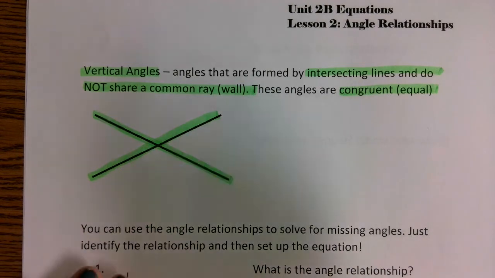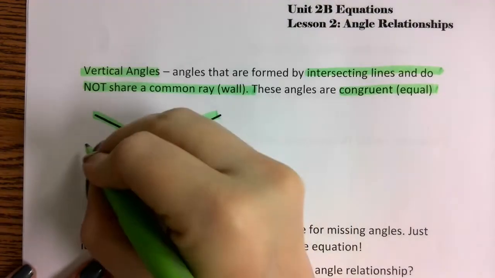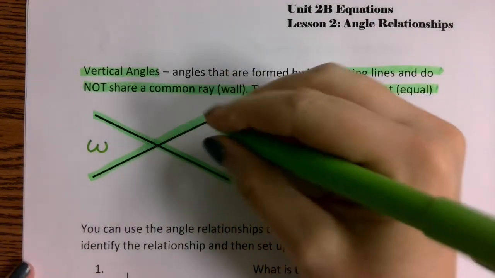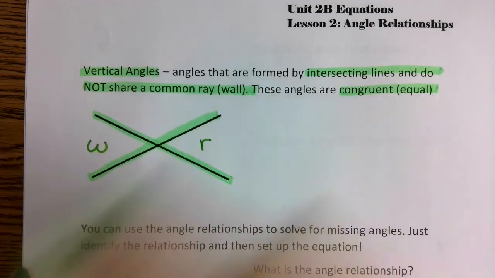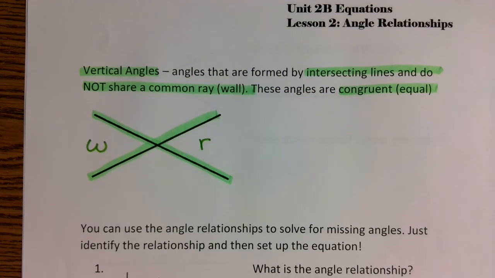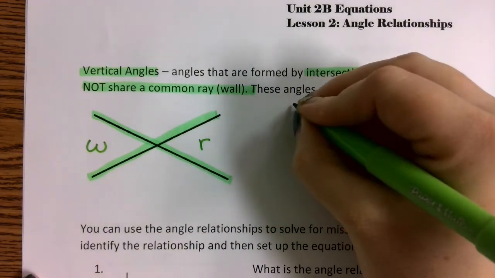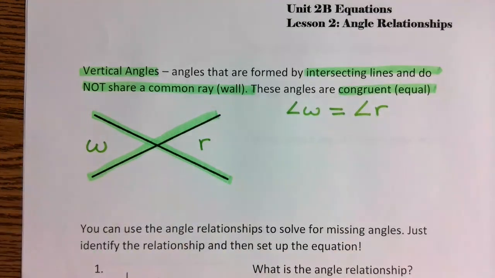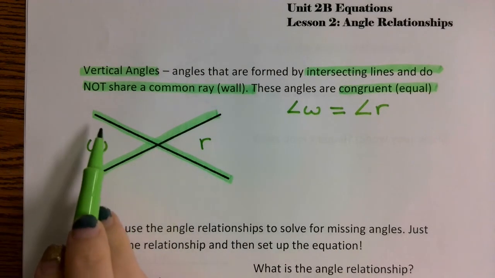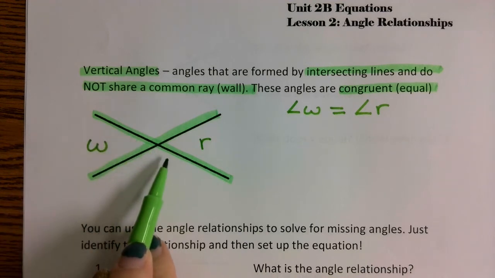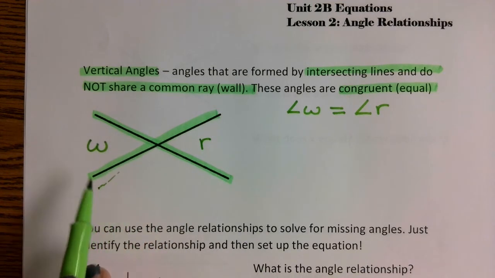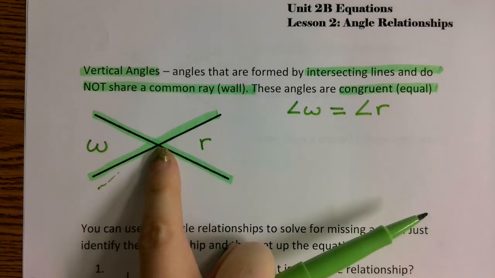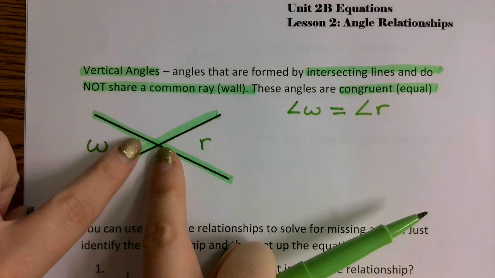That's the most important thing. So if I say that this angle is angle W, and this angle is angle R, then when I'm setting this up, I am going to say, hey, angle W is equal to angle R. The lines that form angle W are not the same lines that form angle R. Okay, they connect at a center point, but then they no longer form that angle anymore.